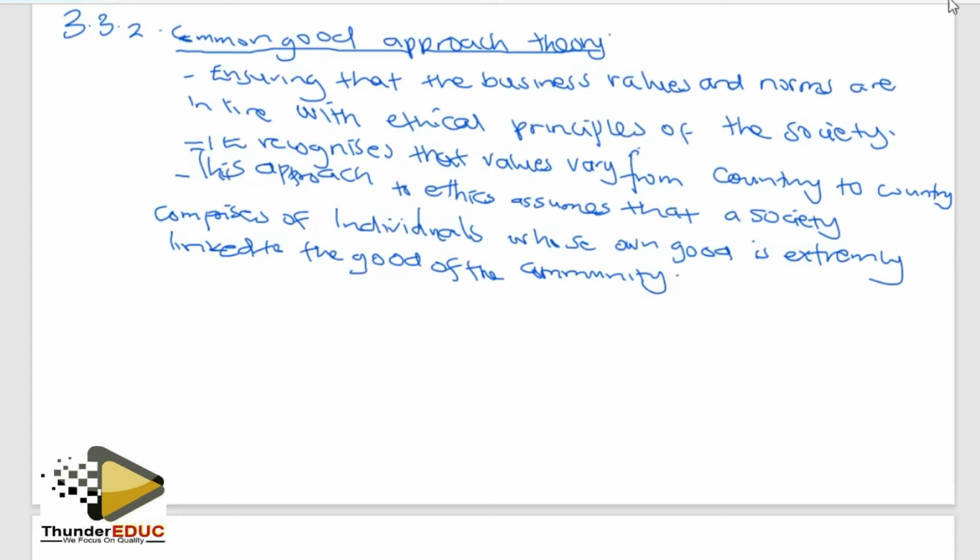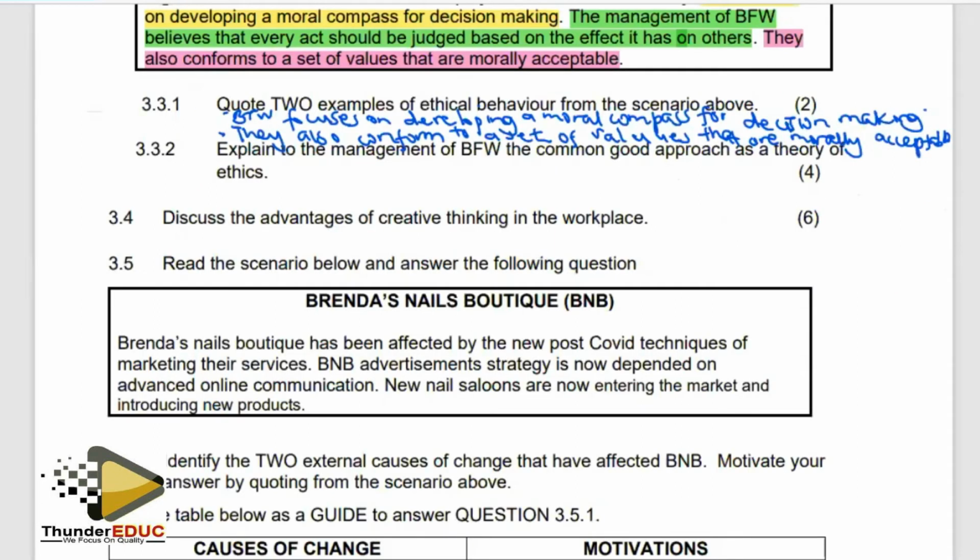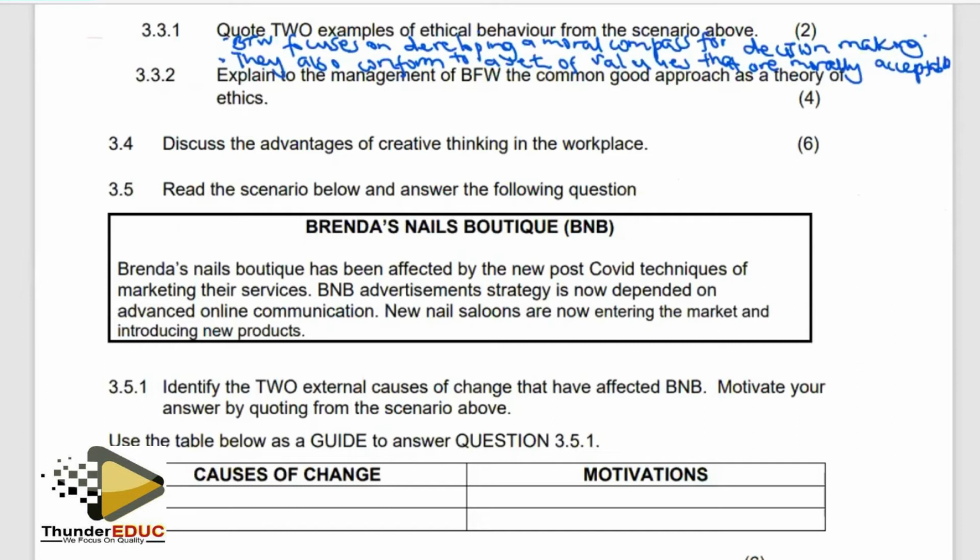Okay, let's look at another question. When we're done with this, they wanted us to give at least 2, but we have given more than 2. Let's look at question 3.4, which asks us to discuss the advantages of creative thinking.